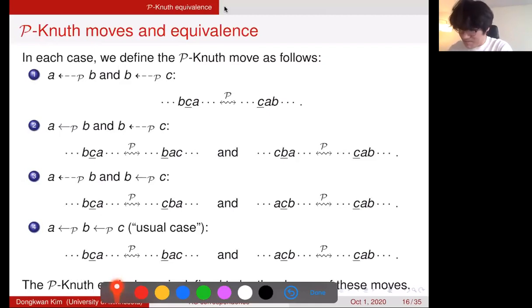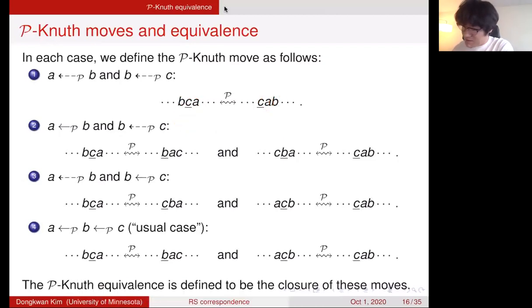But one thing which is a little different, especially this part: usually the Knuth equivalence just moves the two adjacent numbers, and then you just have an observer in between. But in this case, B and CA are swapped, like a rotation. You may say that it's a rotation or a swapping. So it is one tricky thing you need to worry about.